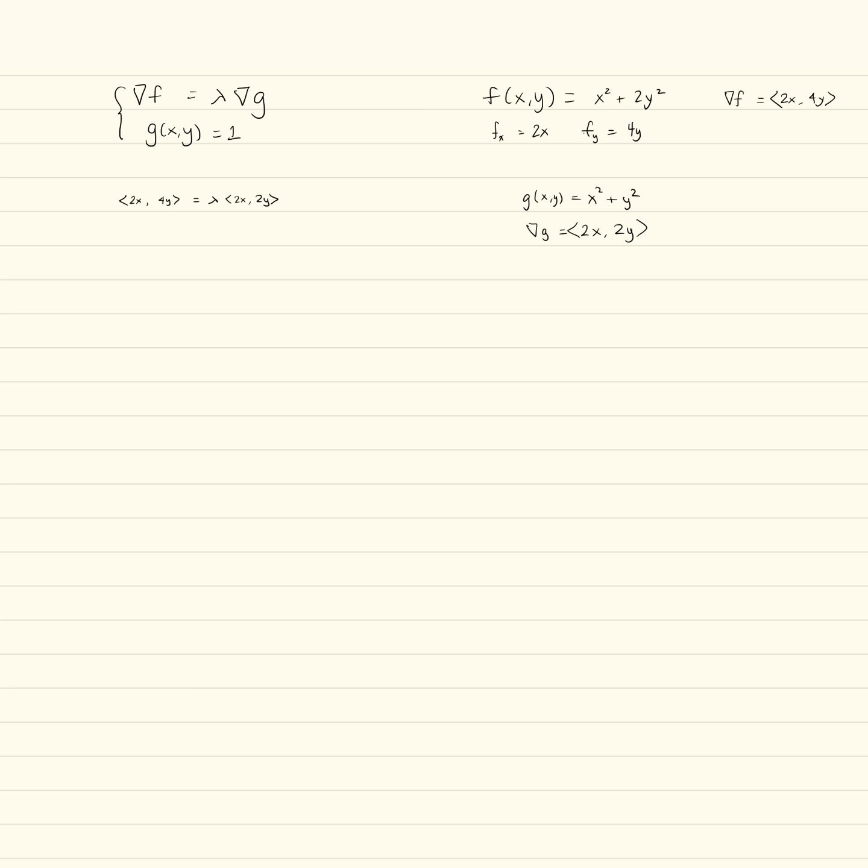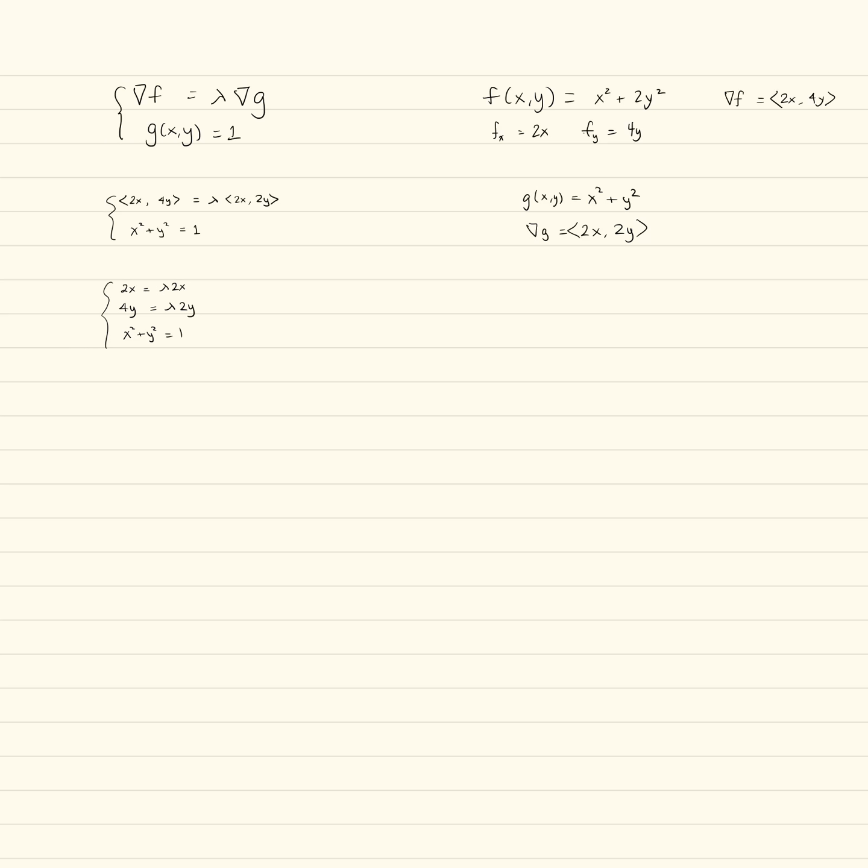And it's subject to the constraint that x squared plus y squared is equal to 1. So again, I can rewrite this as 2x equals lambda times 2x, 4y equals lambda times 2y, and x squared plus y squared equals 1.